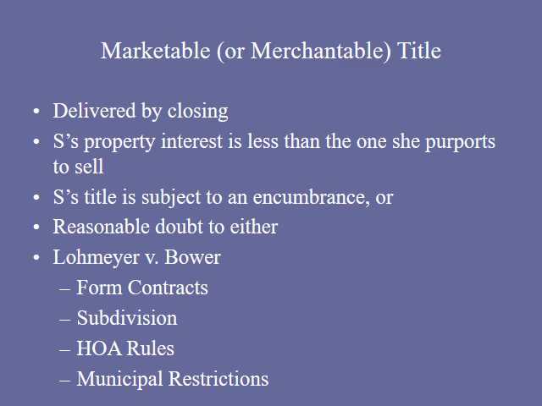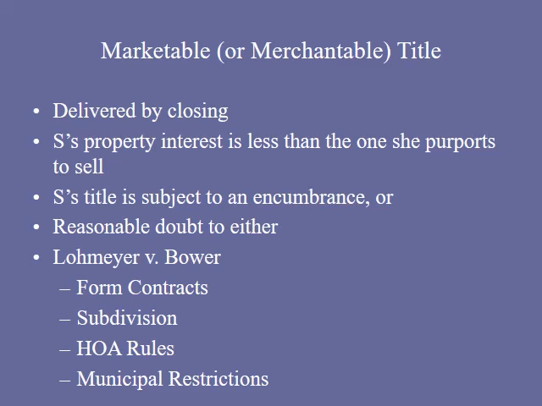Another very common example is that the seller's title is subject to an encumbrance. So an encumbrance might be an easement, and if that easement is not disclosed in the purchase contract, or if somebody else out there has the ability to file a reasonable quiet title action as to part of the property, perhaps because of an easement or adverse possession grounds, then that's a reasonable doubt as to whether the seller can actually deliver marketable or merchantable title.